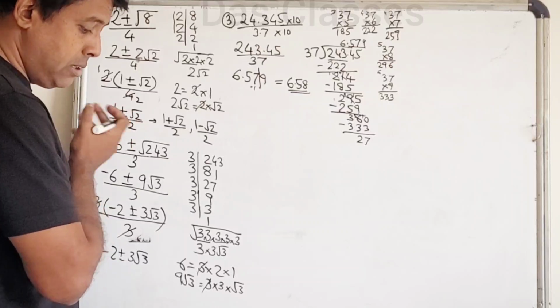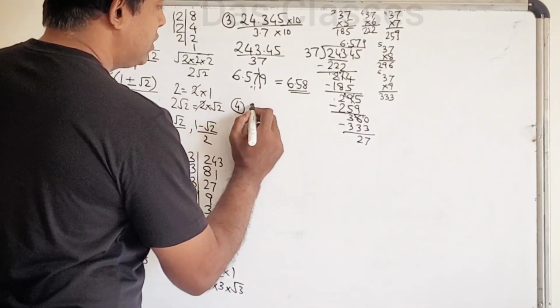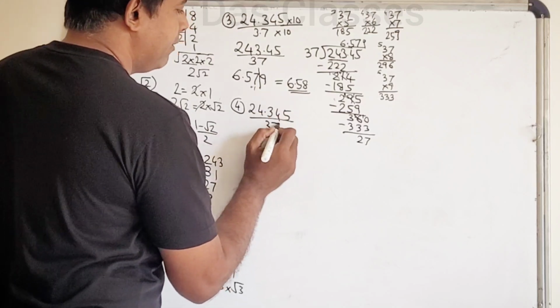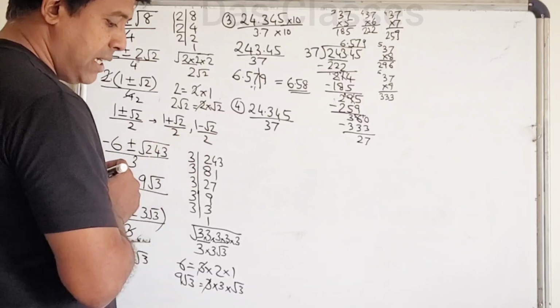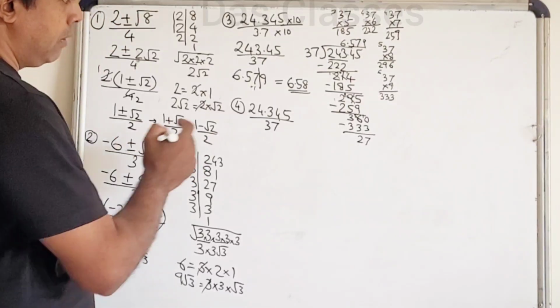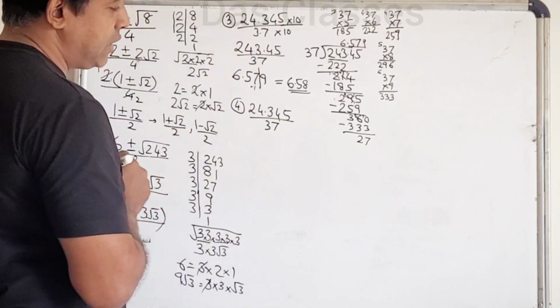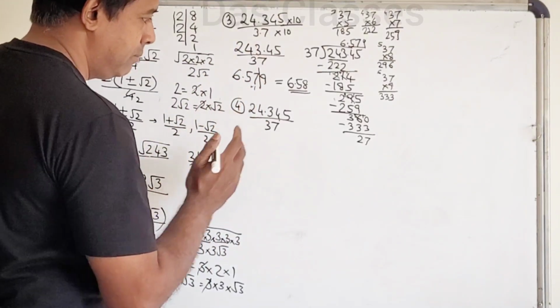In case the same sum was given in the form of 2.4345 upon 37, that means the first step that I did of removing the decimal point from the denominator is not needed, but the rest of the sum has to be the same.